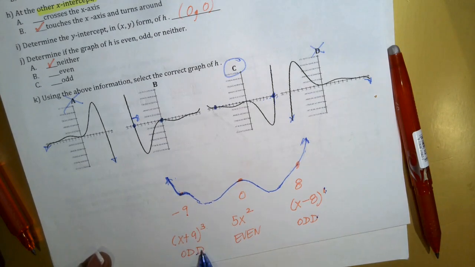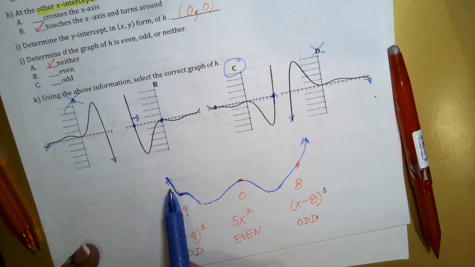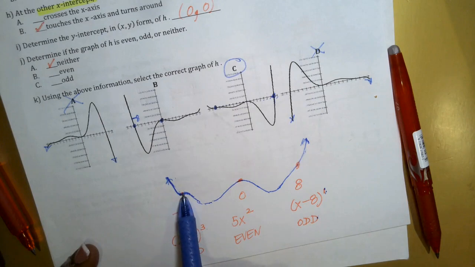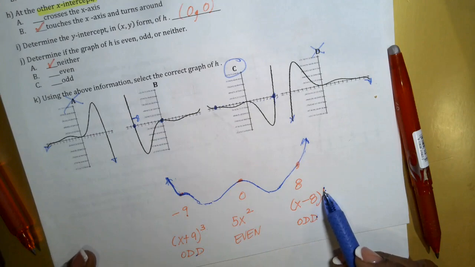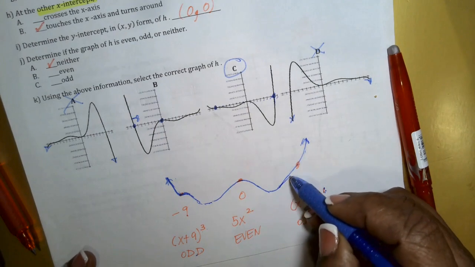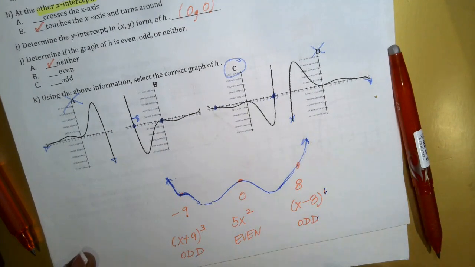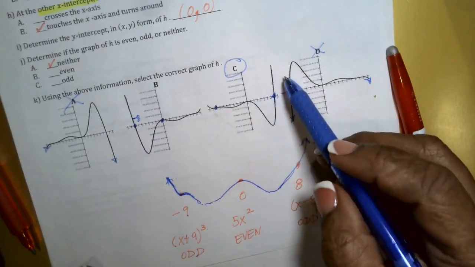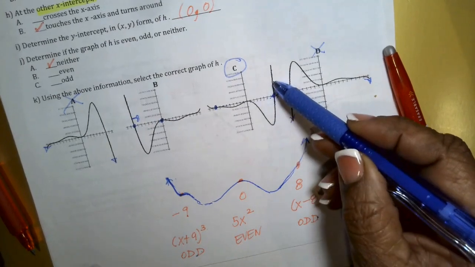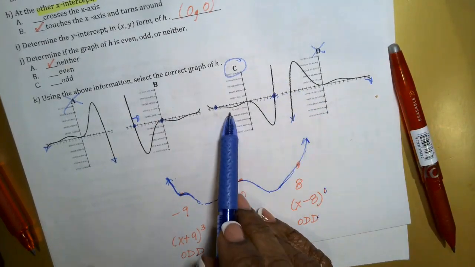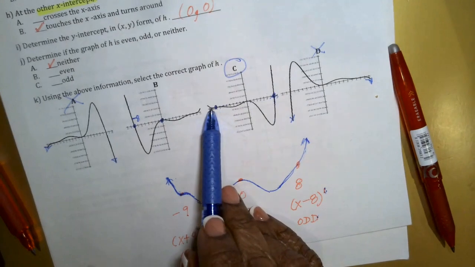So with the odd multiplicity of 3, the graph proceeds through with an inflection. With an odd multiplicity of 1, the graph proceeds through in a linear fashion, matching what you see in choice C. Proceeding through in a linear fashion, proceeding through in a slight inflection.